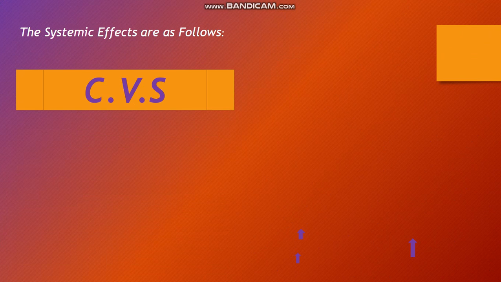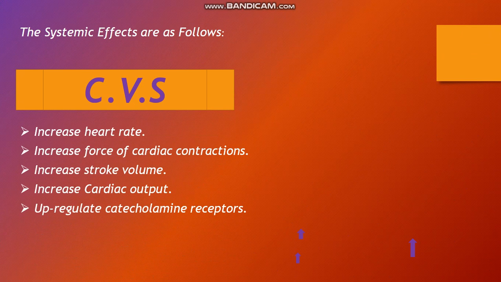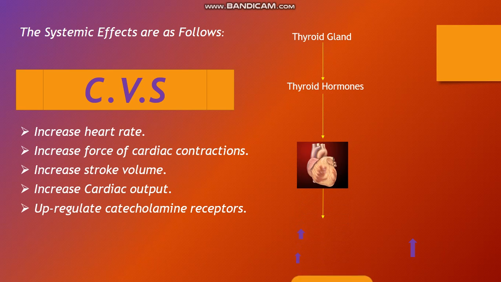Systemic effects are as follows on CVS, very much important. Increased heart rate, increased force of cardiac contraction, increased stroke volume, increased cardiac output, upregulation of catecholamine receptors by thyroid hormones.